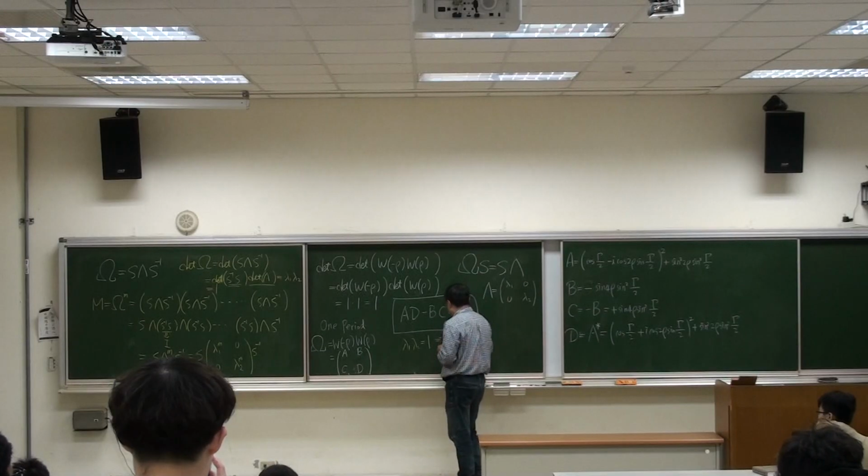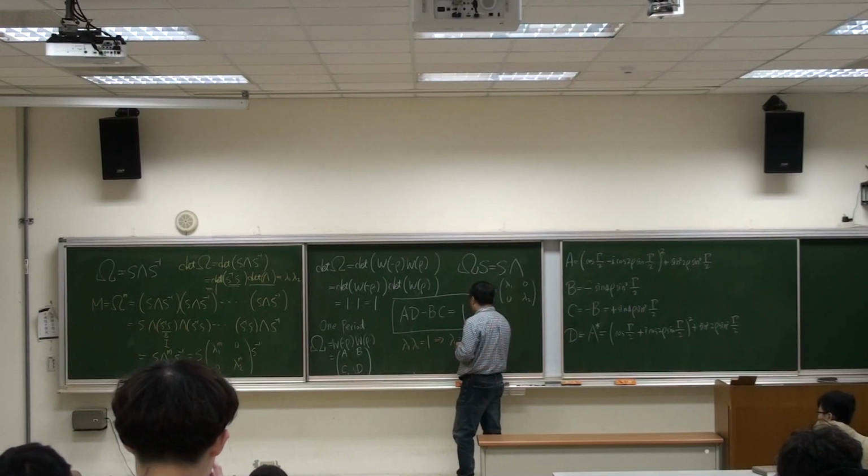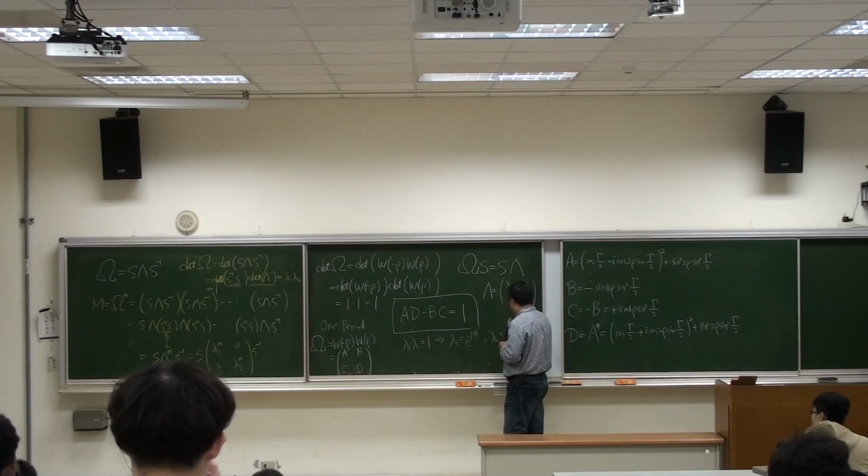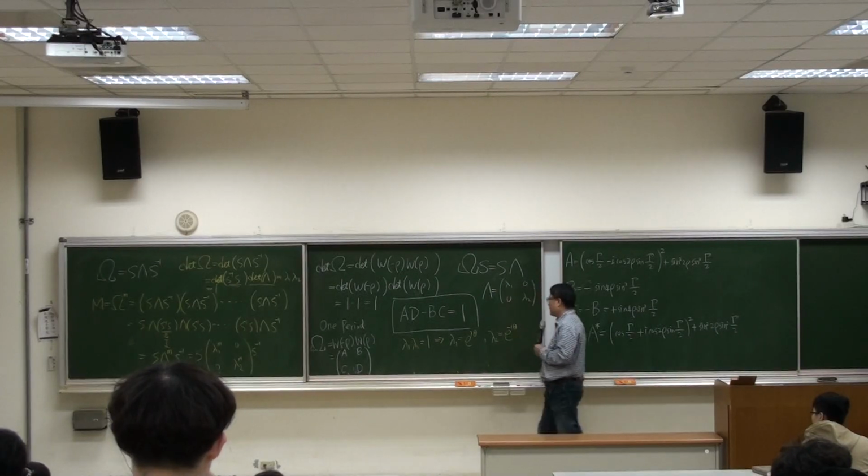This implies that lambda 1 can be written as, say, exponential i theta, and lambda 2 can be written as exponential minus i theta. Okay.